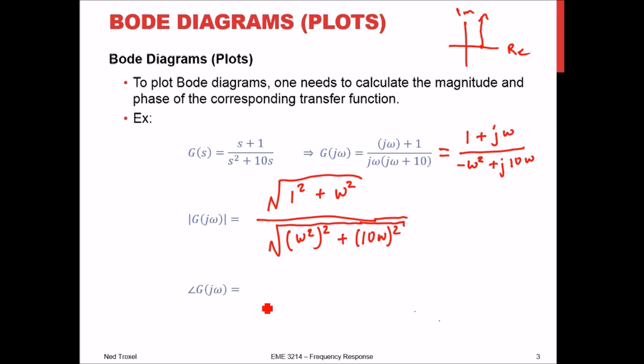So we're going to take essentially the arctangent of the imaginary over the real part. Inverse tangent of omega divided by 1. And then we're going to subtract the phase of the bottom.